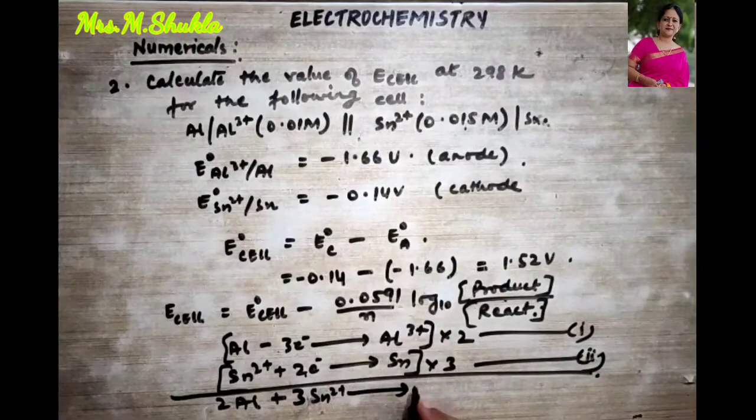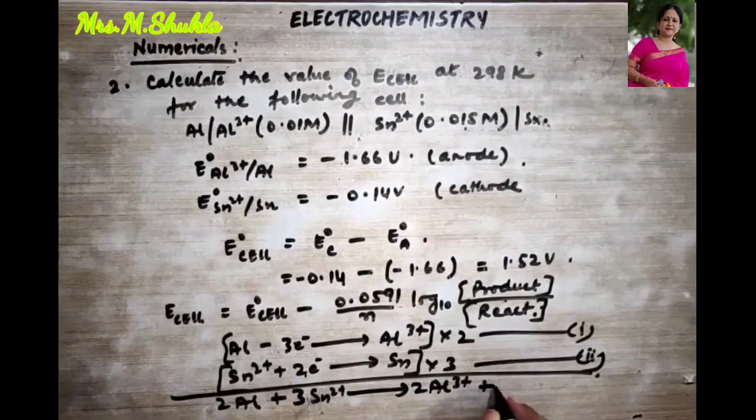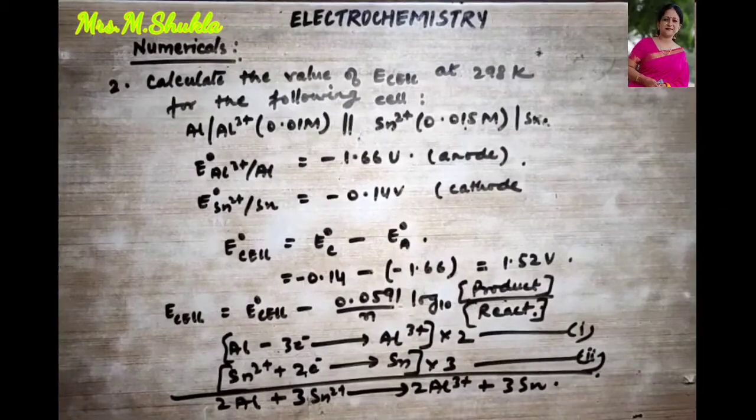This gives us 2 aluminium cations plus 3 molecules of tin. This is what we obtain.